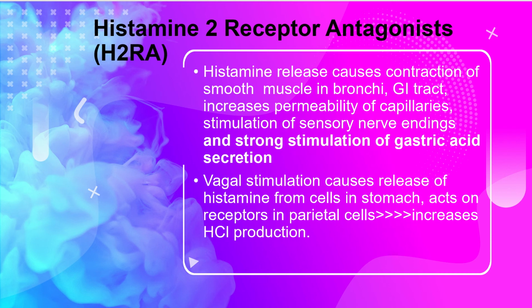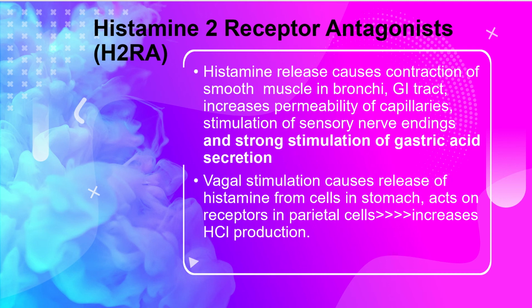And that is why we have histamine 2 receptor antagonists. So histamine release causes contraction of the smooth muscle in bronchi, in the GI tract. It increases permeability of capillaries, stimulation of sensory nerve endings, and strong stimulation of gastric acid secretion, as we saw.